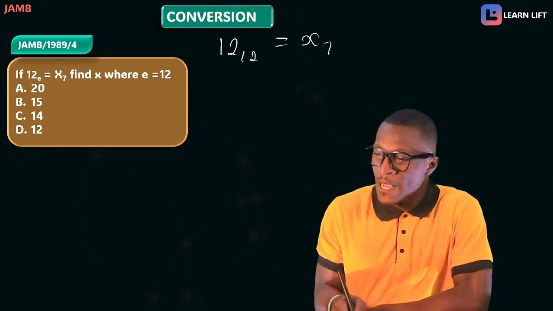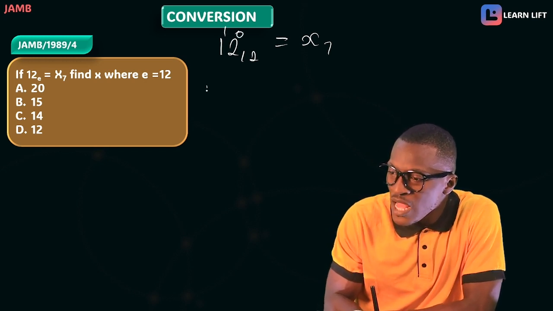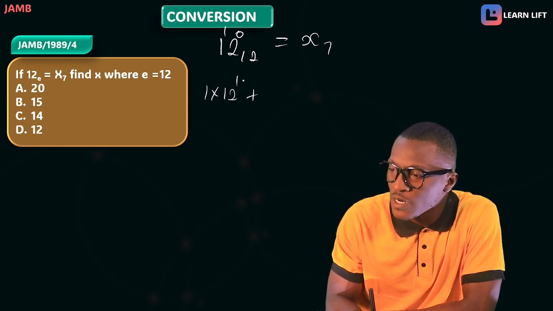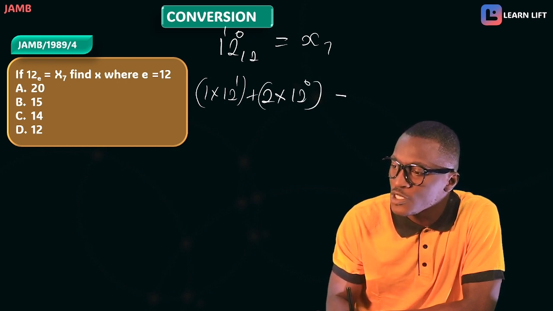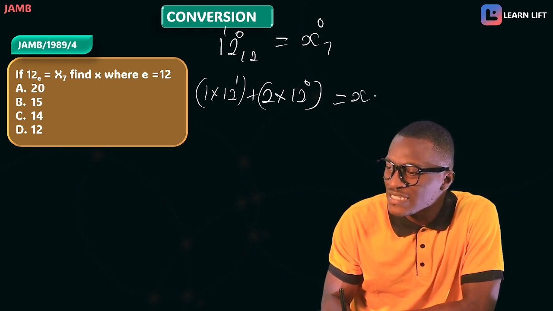Convert both of them to base 10. So this will give me 1 times 12 raised to power 1 plus 2 times 12 raised to power 0 is equal to x times 7 raised to power 0.